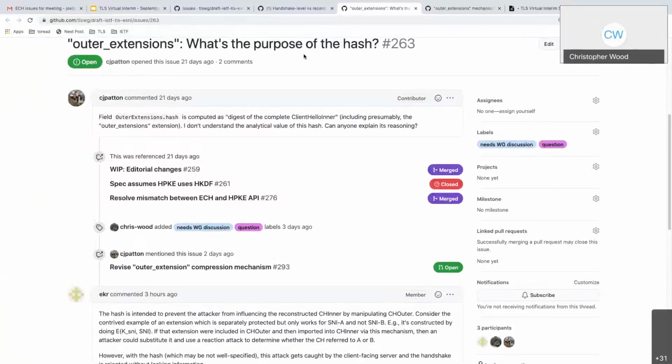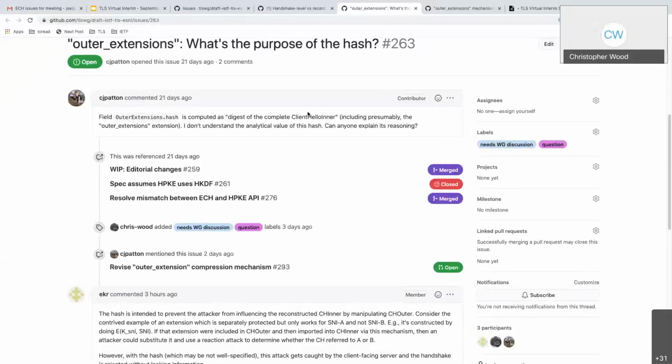So this next issue. For the extension compression mechanism that we have in the spec right now, there is this hash that's included of what should be the effectively reconstructed client hello. And Chris is asking here whether or not that's actually useful.